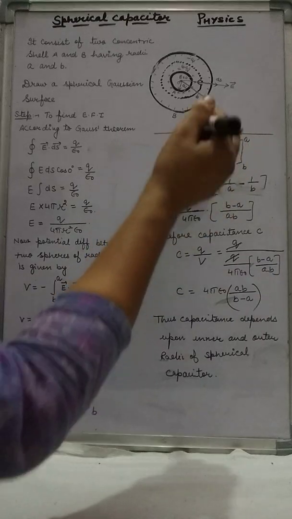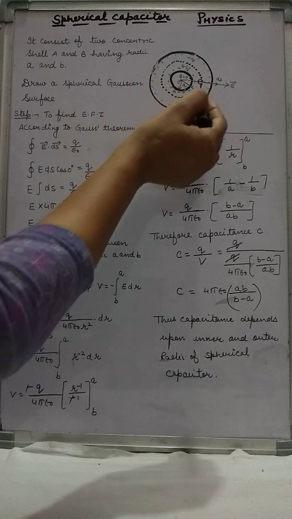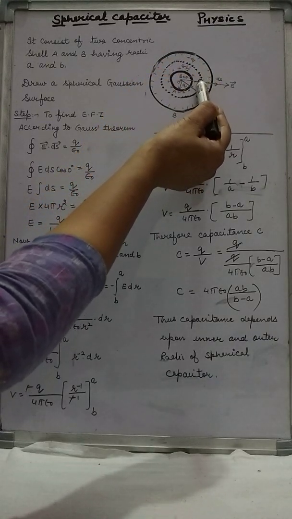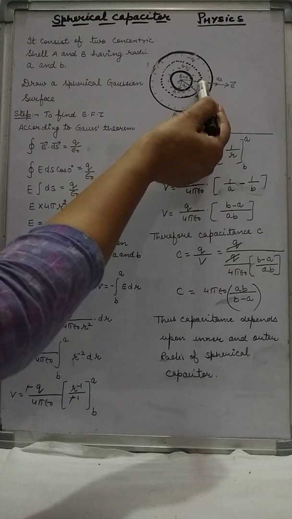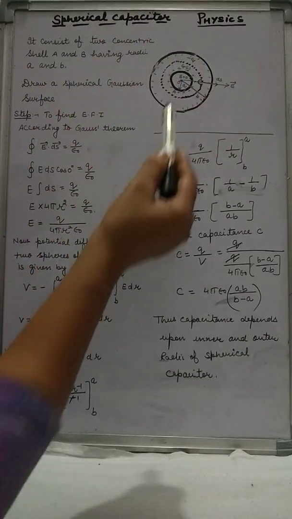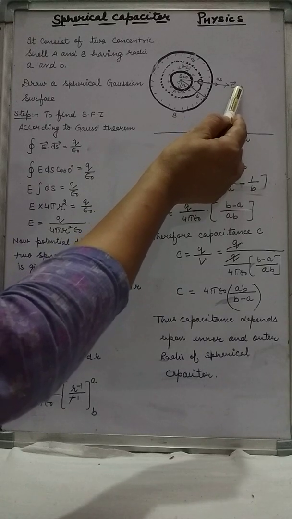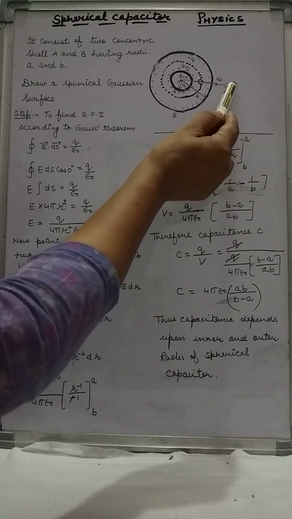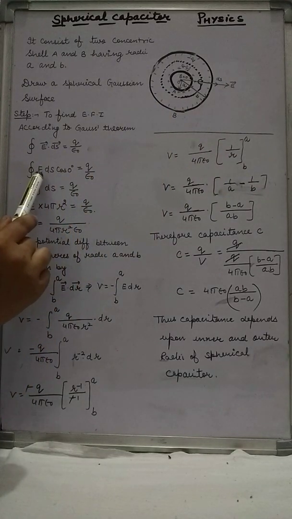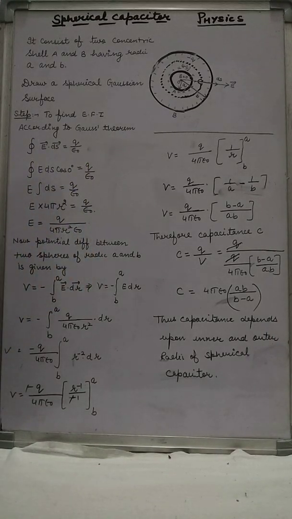Here we draw a Gaussian surface in between the two plates, and on this Gaussian surface we draw an area vector, which is perpendicular and outward, and the direction of this ds is along the electric field intensity E, meaning the angle between E and ds is 0 degrees. So here closed integral of E ds cos 0 degree is equal to Q upon epsilon naught.